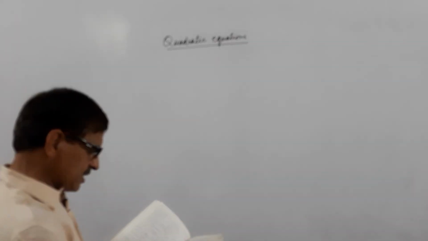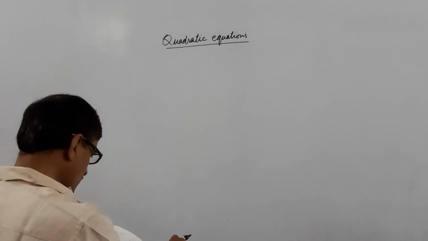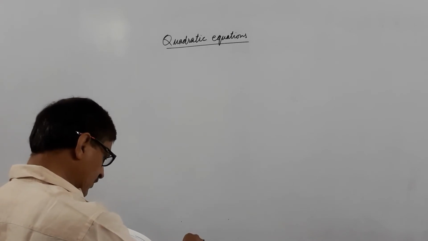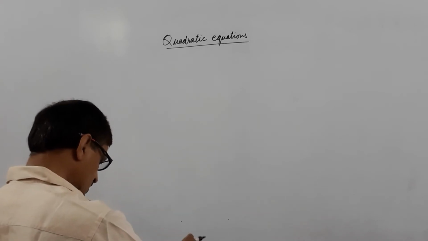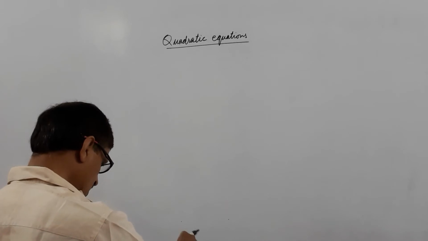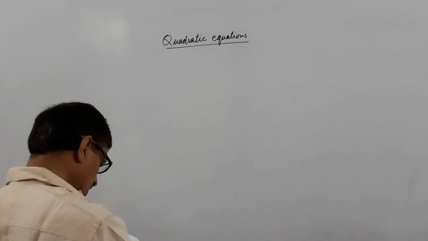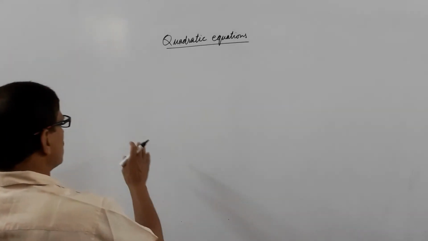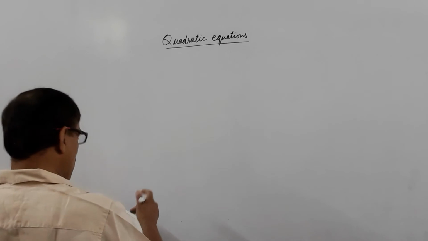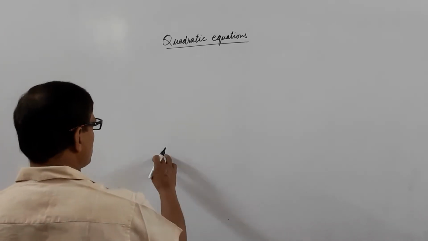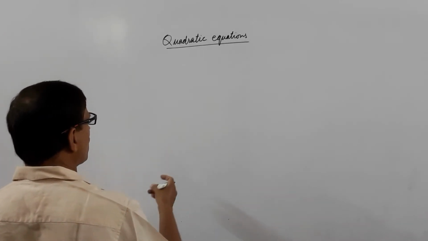Now we will discuss some problems in which we have to determine the value of, say, k in the quadratic equation for which the roots may be real and distinct or real and repeated.